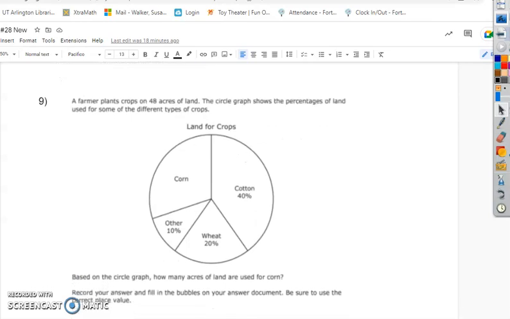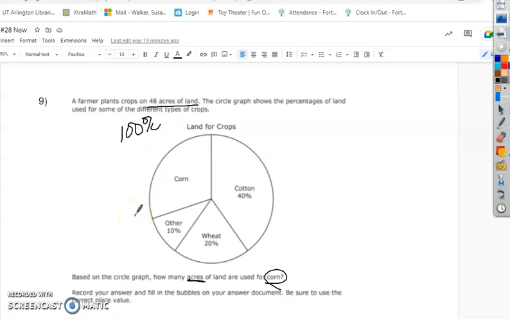Number 9, a farmer plants crops on 48 acres of land. The circle graph shows the percentages of land used for some of the different types of crops. Based on the circle graph, how many acres are going to be for corn? So when I look up here, I notice corn doesn't have one. It doesn't have a percent. So we need to remember that all the percents are going to total up to 100% when I add all of them.